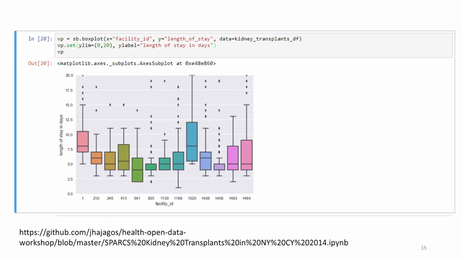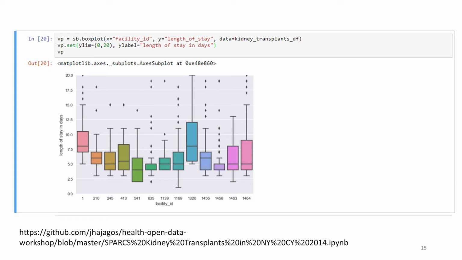One of the reasons why I picked kidney transplants is that there aren't that many hospitals in New York State that do kidney transplants. There's only 13 hospitals that are certified to do kidney transplants in New York State. So it's a nice example to look at because there isn't such a large volume of data that it becomes difficult to look at.